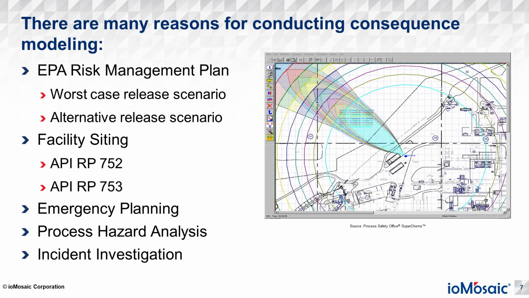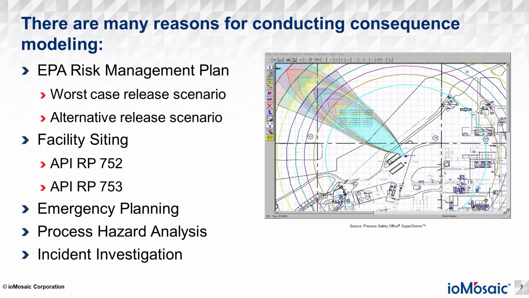Now there's a number of reasons why you would conduct consequence modeling. EPA risk management plan, you need to do worst case release scenario plus alternative release scenarios. Now EPA provides you with AirMod as a free software tool, but it's intentionally conservative.